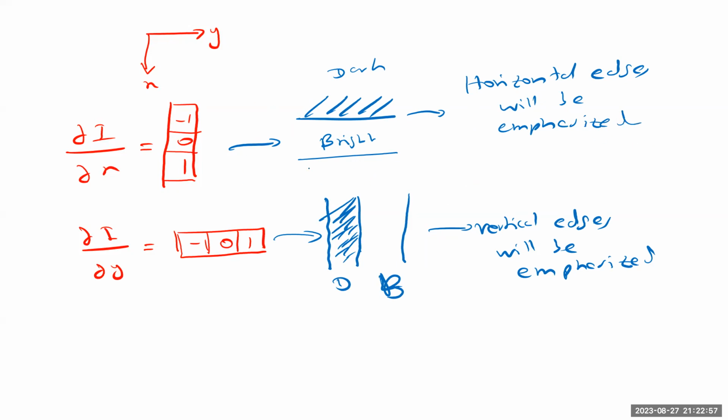Why? You can see, when you apply this kernel here and define this center, it's going to be a very dark value times -1 plus a bright one times 1. So you will see quite a distinction; there will be a variation. So then of course you will see this edge.